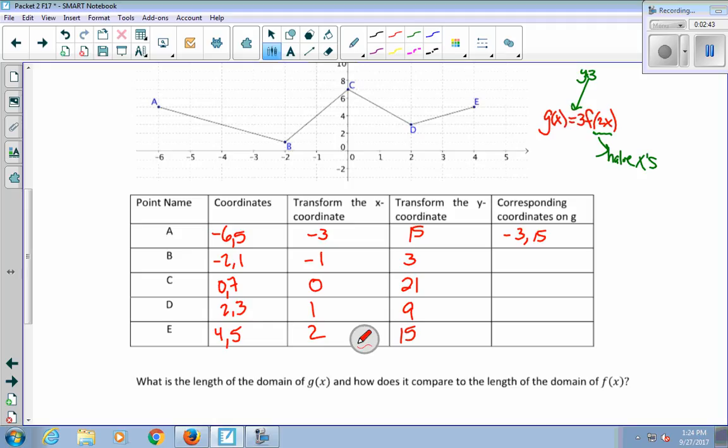So I'm going to graph these points on my original graph here.